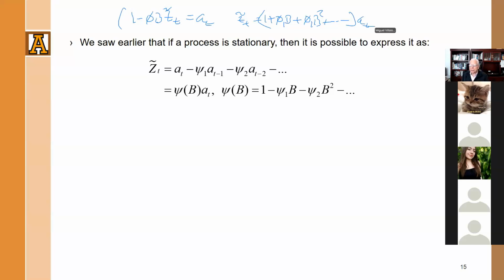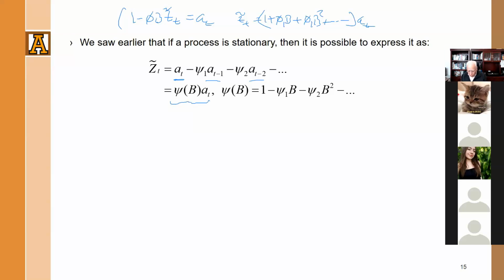The same thing happens for an AR2 model. Once we have the roots of the equation, we can put the polynomial on the other side of the equation, applying to at. So any stationary process can be represented as a linear combination of white noise, present and past, assuming that present is at and past at minus 1, at minus 2, and so on. We will represent this polynomial by psi, capital psi of B, applied to at.